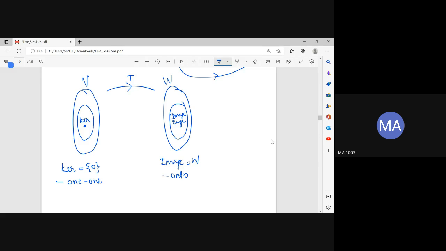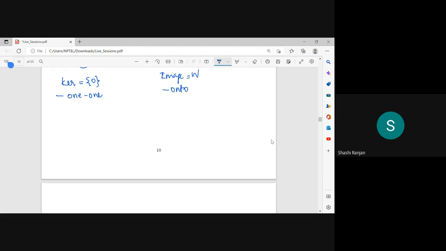Fine. So let's check whether our T1, T2, T3 are one-to-one, onto or not. So what was our T1? I'll just write it like this: x, y, z gets mapped to 3x, 2x plus y, 3z minus 2y.